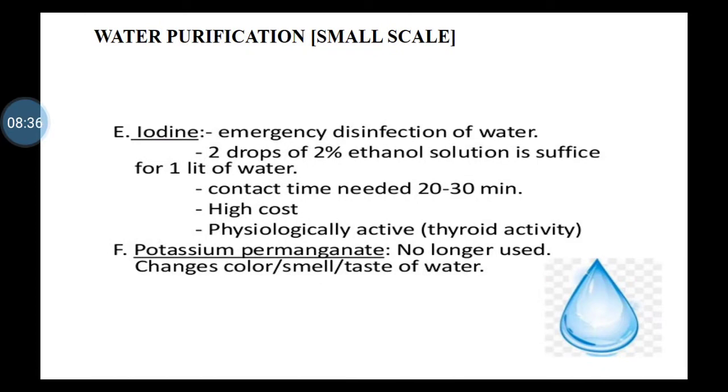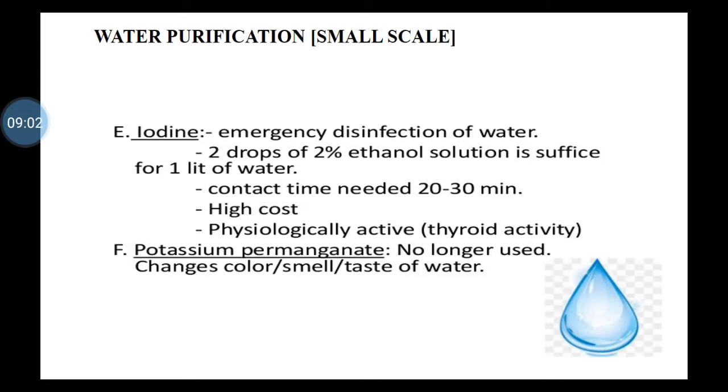Then certain halogens are also there which are useful in purifying water, like iodine is there, bromine is there, isn't it? So when there is emergency to purify water, to disinfect, iodine and bromine can be used, but they are not used routinely, isn't it?